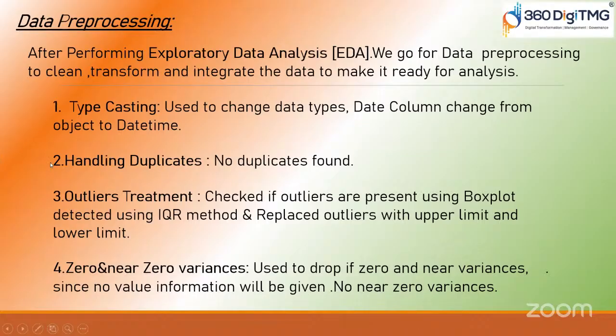It is used to convert data types, for example, the date column changed from object to datetime. For duplicates, it checks whether any duplicate value is there. No duplicates found. Outliers are treated using the IQR method and capping. Zero and near-zero variance: none found.